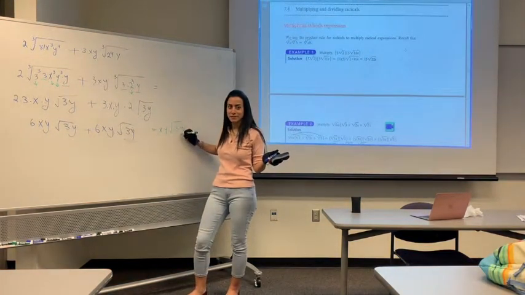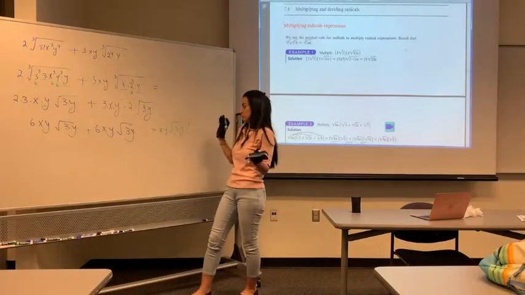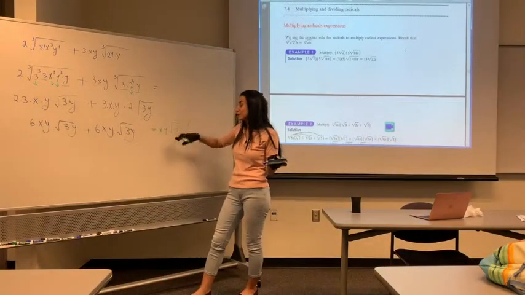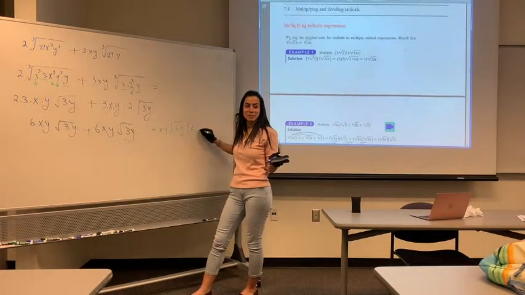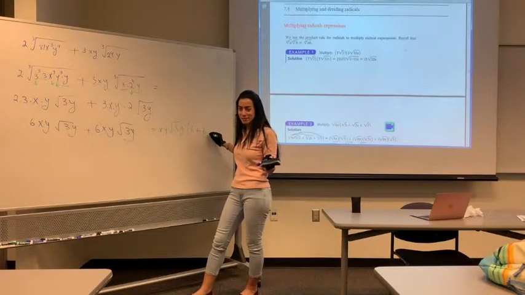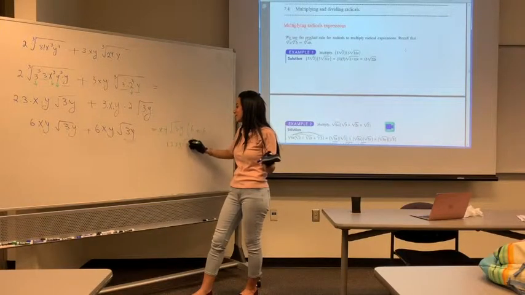Am I right? Okay, let's use this actually. So from the first one remains 6, from the second one also remains 6. Correct? So we can write down 12xy radical 3y.